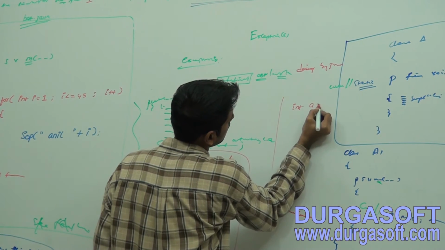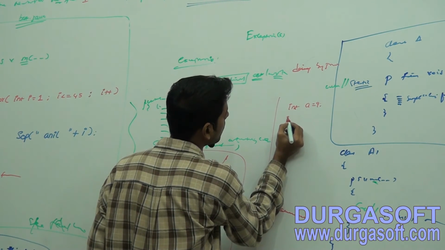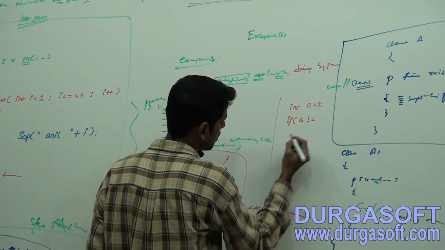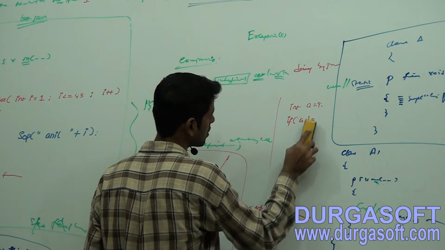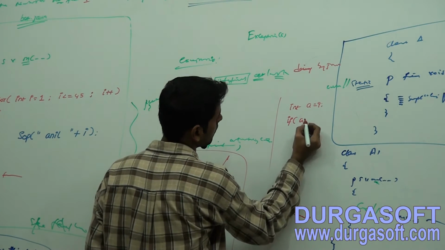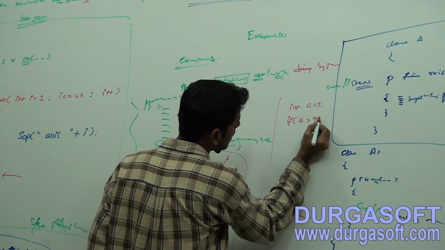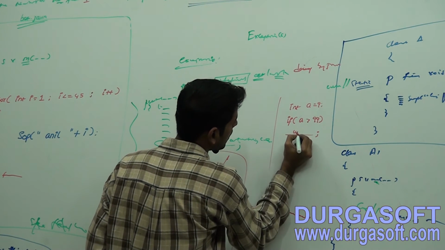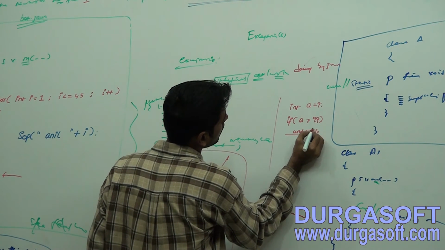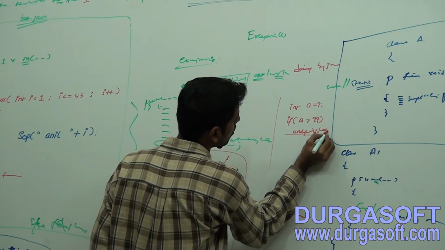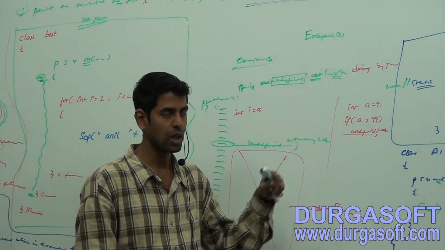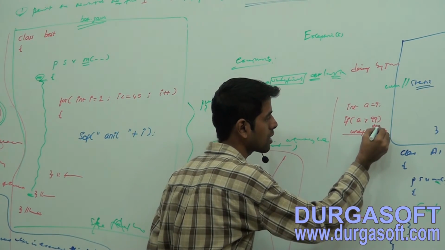int a equals 9. If a is greater than 99, now observe here, I have written undefined activity code.